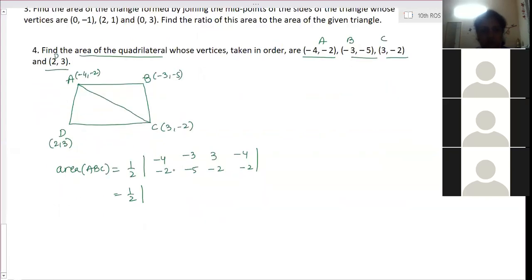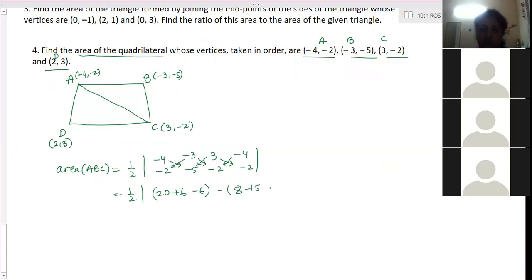4 into 5, 20. Minus 3 into minus 2, plus 6. Ma'am, is the answer 23 by 2? I need to check. I don't have the answers. Okay, ma'am. 4 into 2, 8. 3 into minus 5, minus 15.